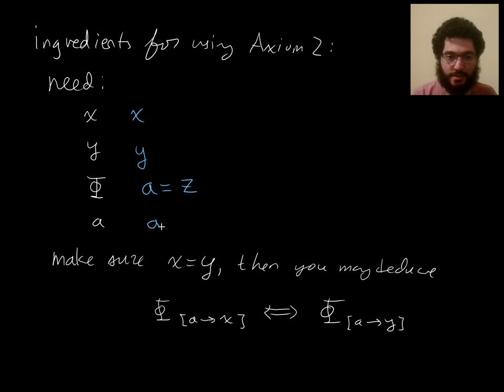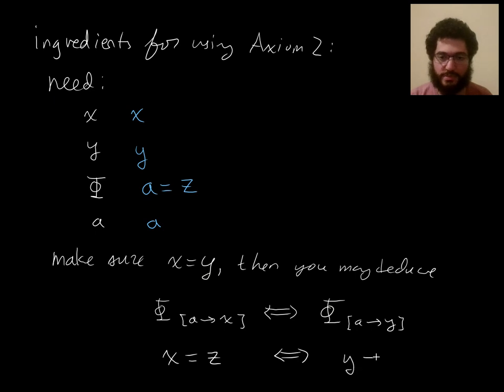And then I've chosen the letter a here, so a can play the role of a. Then I'm in a situation where x does equal y. Then what does axiom 2 let me deduce? It lets me deduce x equals z if and only if y equals z, which is also something I have in my situation.